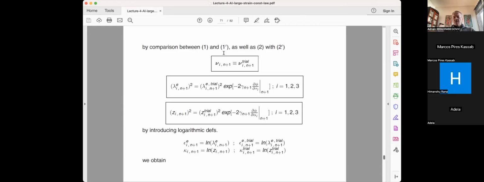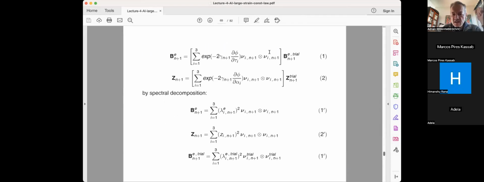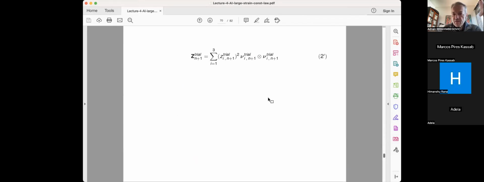After that, I do not transform the configuration. I'm just computing my plastic deformation and so on and so forth. So given that trial and final steps are the same, I can then reduce this to a computation of the scalar values.